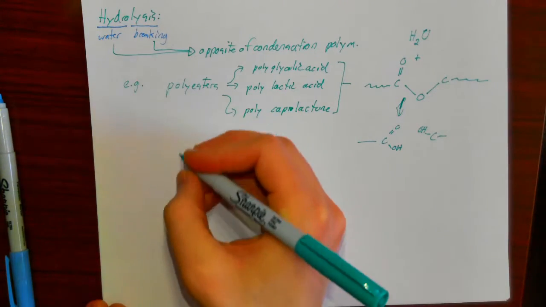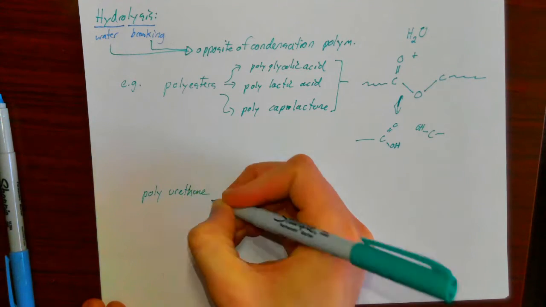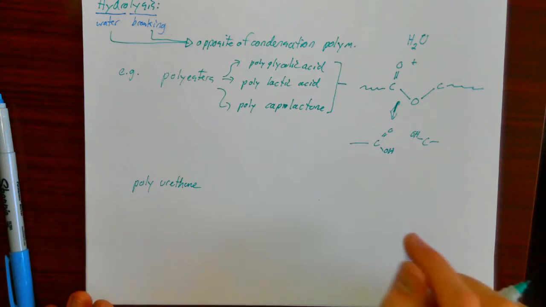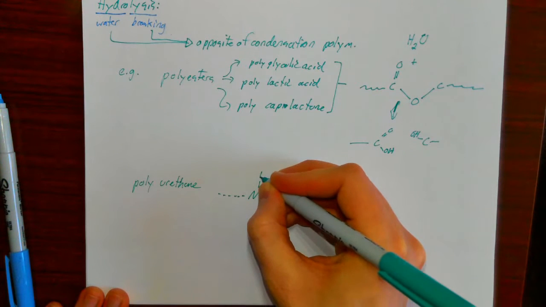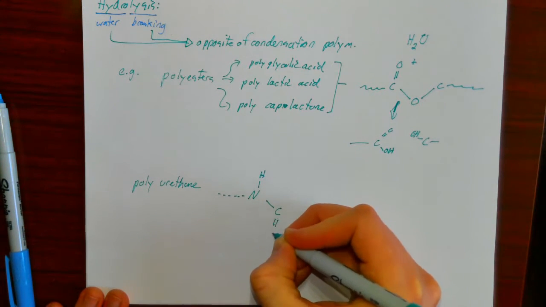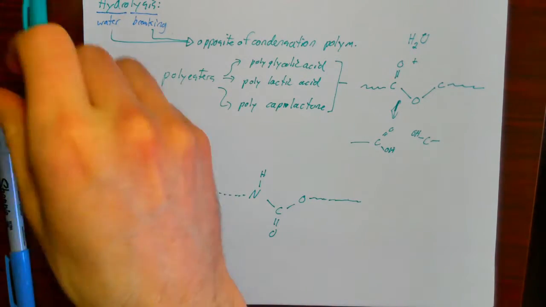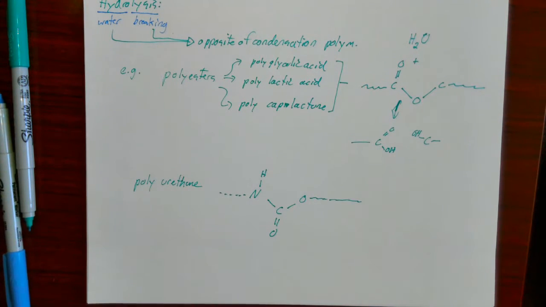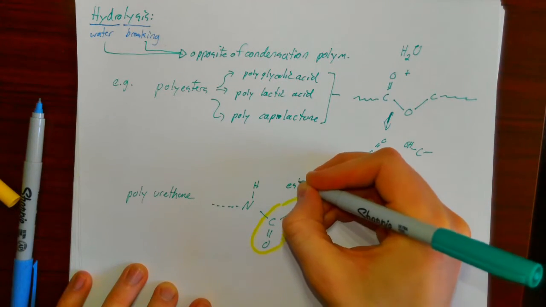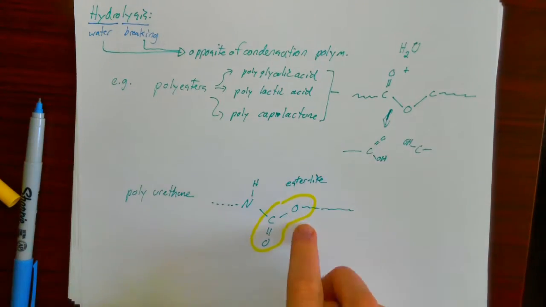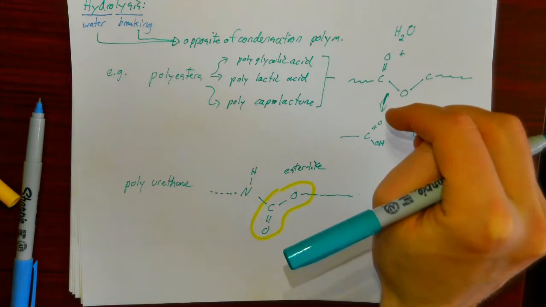So while not exactly a polyester, polyurethane is a general class of molecules, and polyurethanes have things that look like this, where there's an N, H, C, O, O. If you look at this polyurethane, this part is ester-like, and therefore vulnerable to hydrolytic degradation in the same way that polyesters are.